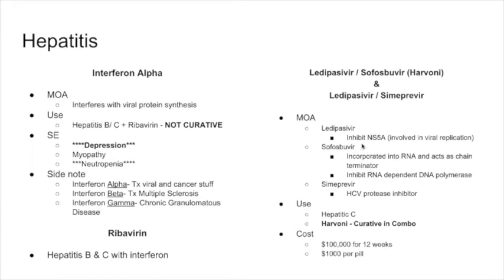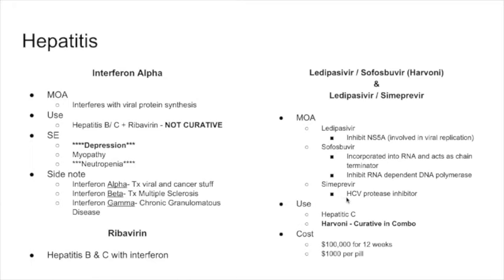Ledipasvir inhibits a protein called NS5A, and this protein is involved in viral replication. Sofosbuvir is a chain terminator, so it's incorporated in the RNA and acts as a chain terminator. It also inhibits RNA-dependent RNA polymerase.